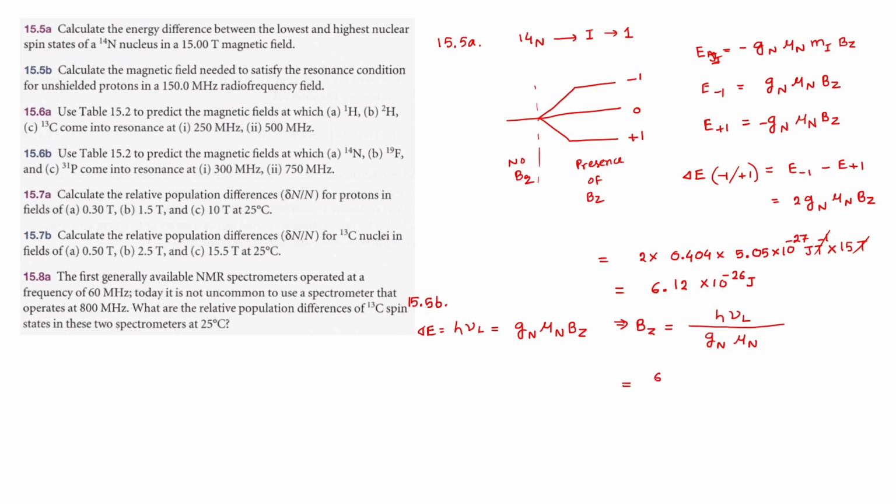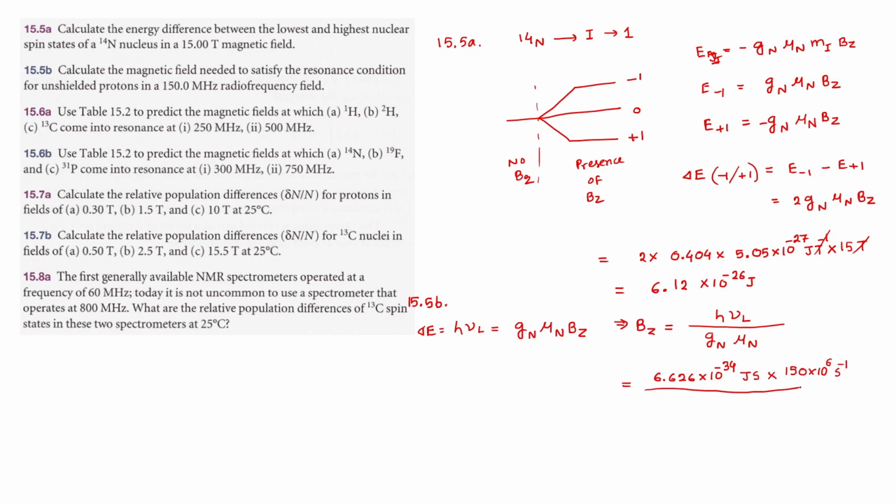h we know, the Planck constant, 6.626 into 10 to the power minus 34 joule second. Then nu is 150 megahertz, 150 into 10 to the power 6 second inverse.